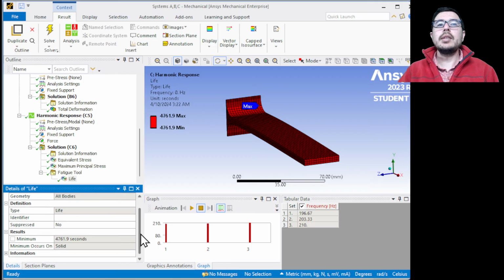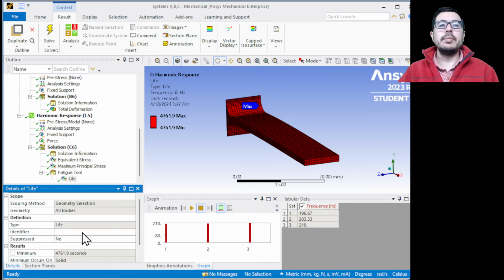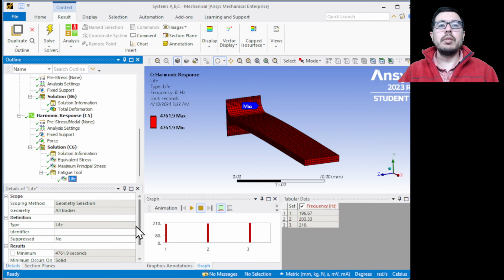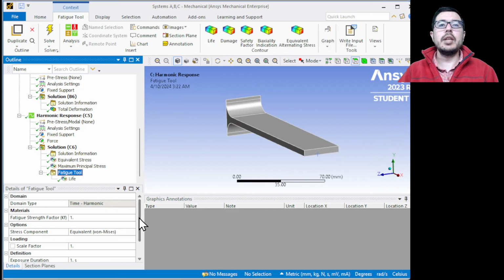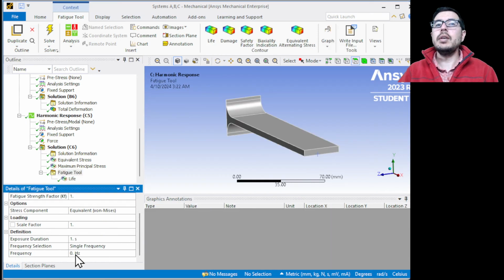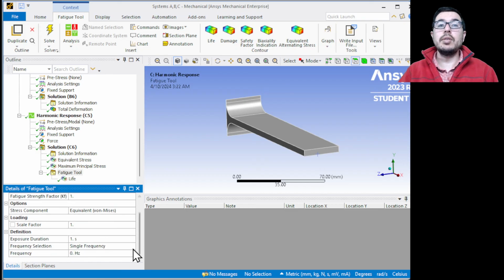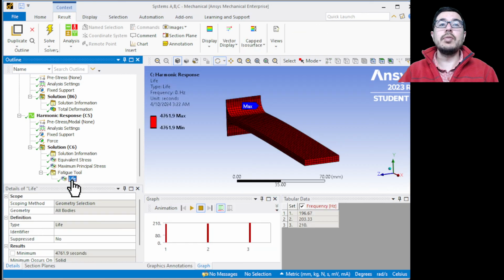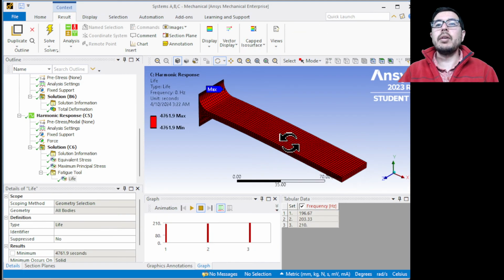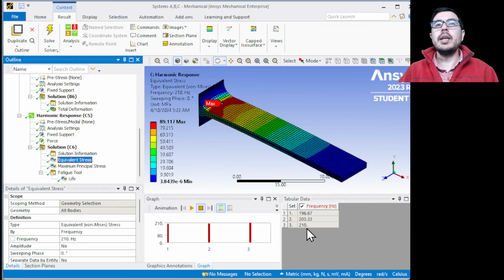You can change it if you come under fatigue tool. You can insert a different frequency at which it does the analysis. But when it's the default, when it says 0 hertz, it's showing you the last frequency that you entered. So this is interesting. What does this say there? Well, the equivalent stress that we had at 210 hertz was only 89 megapascals, right?